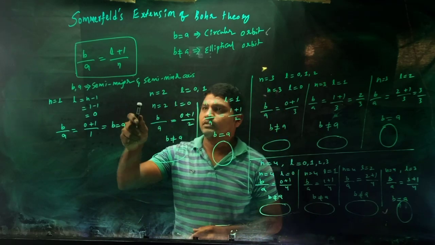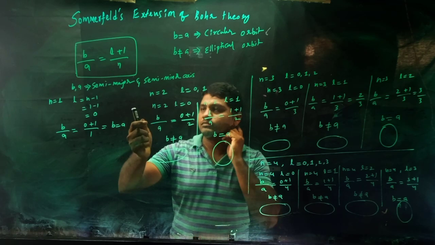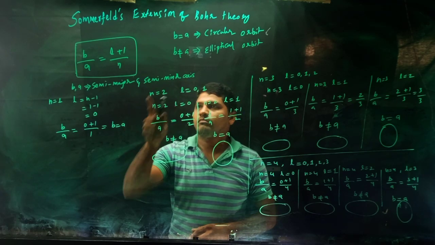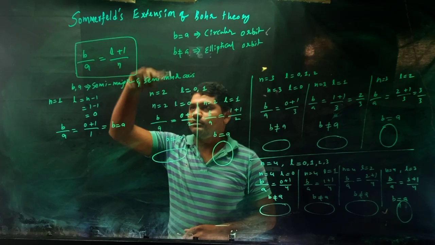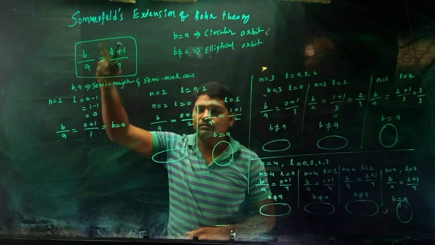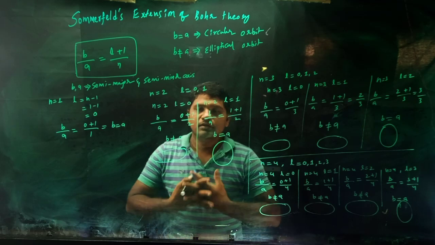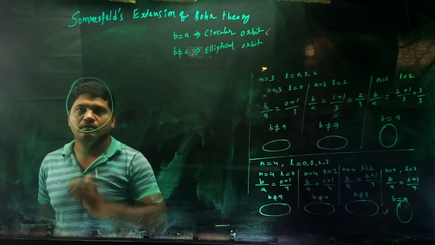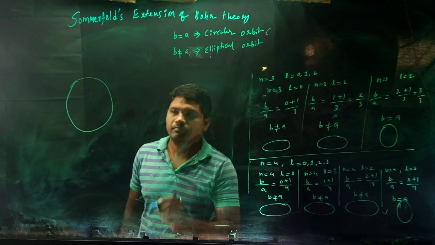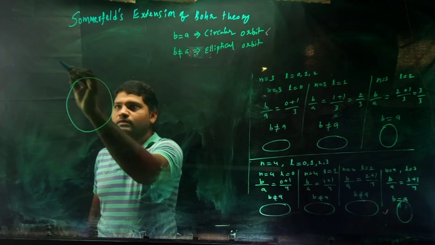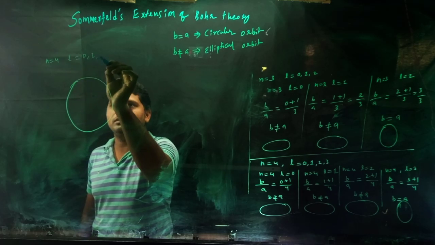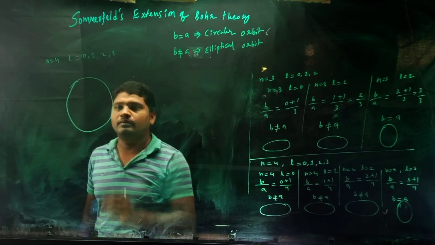Observe on the screen: we have three elliptical orbits and one circular orbit. When n equals 4, the l values are 0, 1, 2, 3.